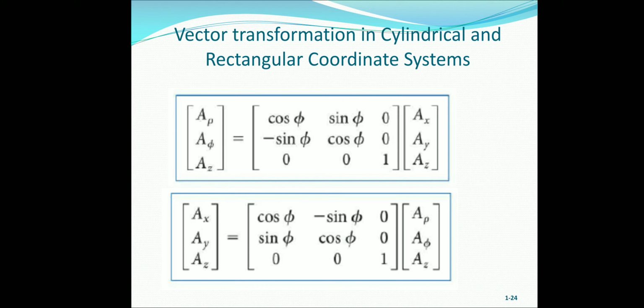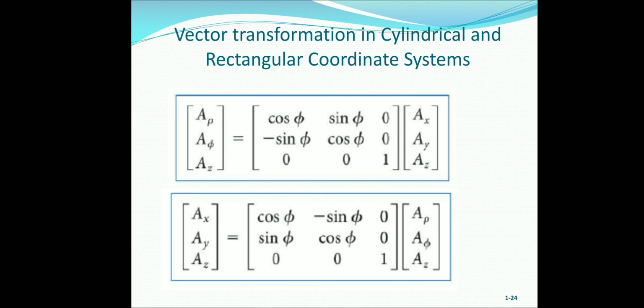So we can write the relation a rho, a phi, az equal to the matrix cos phi, sin phi, 0; minus sin phi, cos phi, 0; 0, 0, 1, multiplied by ax, ay, az. So this is the matrix equation used to transform one vector into another vector.